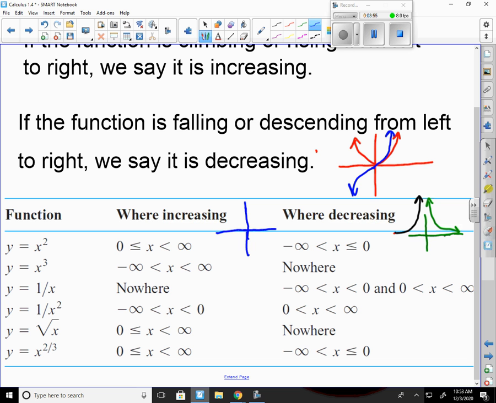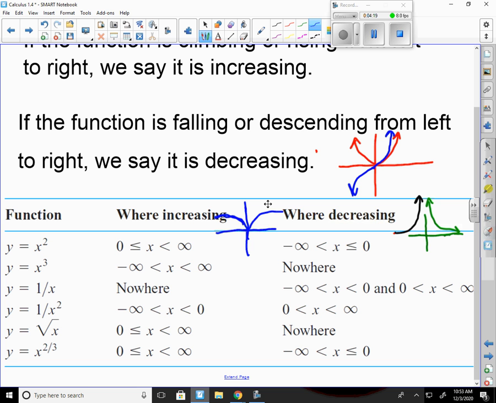I think that one looks like this and this. So from negative infinity to 0, it's going down as we go from left to right, and then from 0 onward, it's going up.